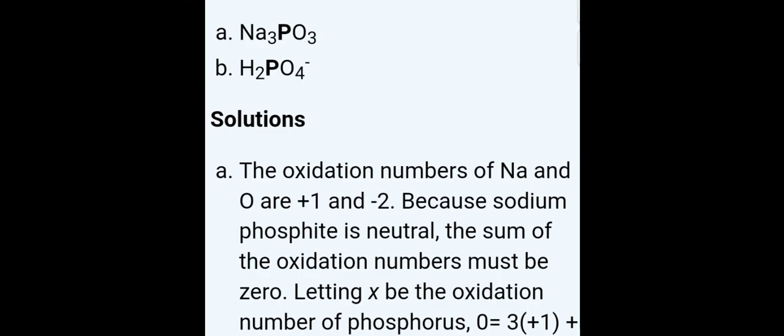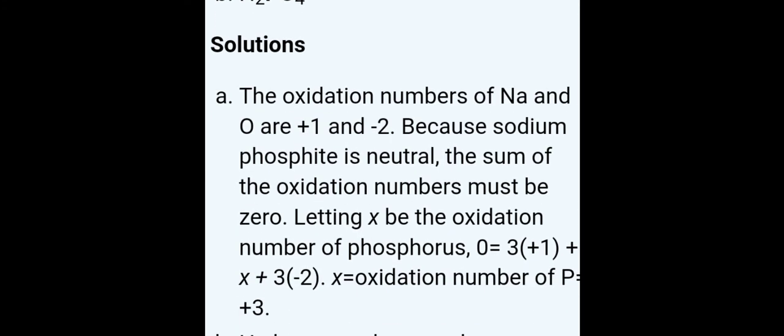The oxidation state of Na is +1 and O is -2. One oxygen has -2 charge, and the subscript is 3, so 3 times 2 is -6, and sodium is +1, so multiplied by 3 becomes +3. So -6 plus 3, the answer is -3. So phosphorus has +3 charge. This is the calculation.